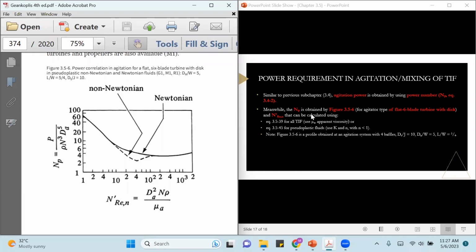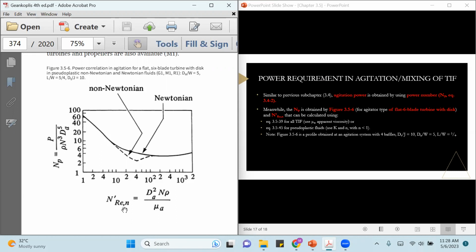In this subchapter, we will also use almost the same type of graph, but a different one. So figure 6 here. We will obtain NP by using this figure 6, after we know the N Reynolds prime. As you can see, there's only one line here. This one line represents the agitator type of flat 6-blade turbine with disc.